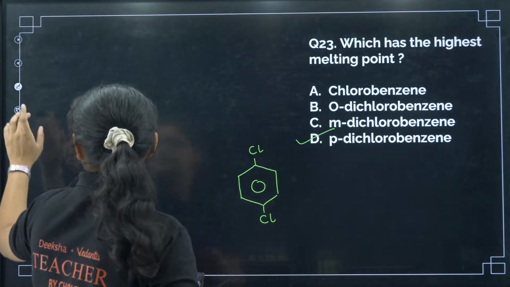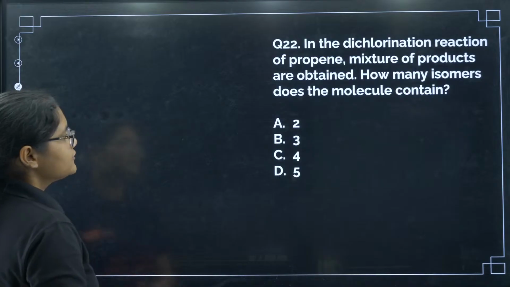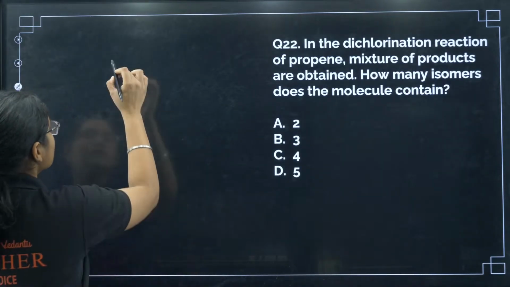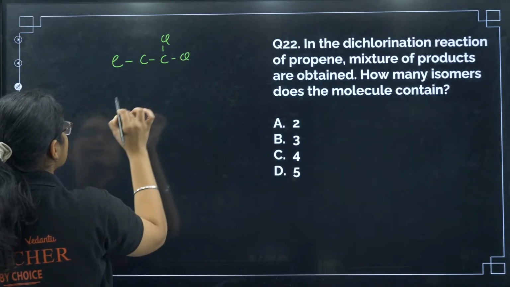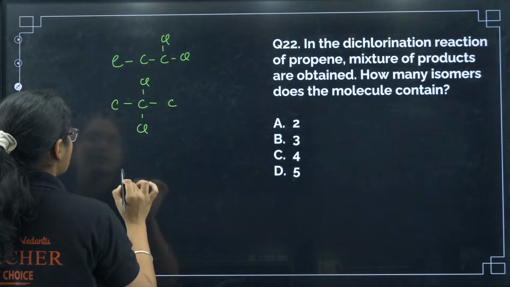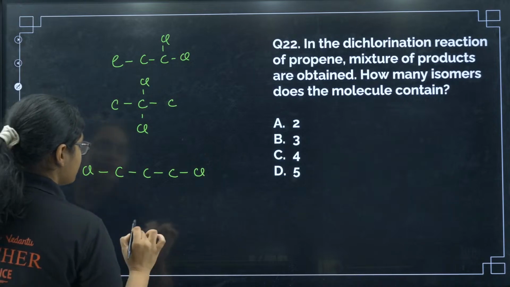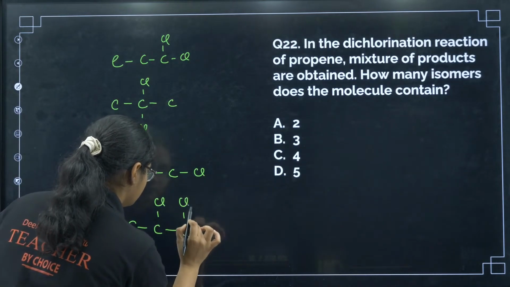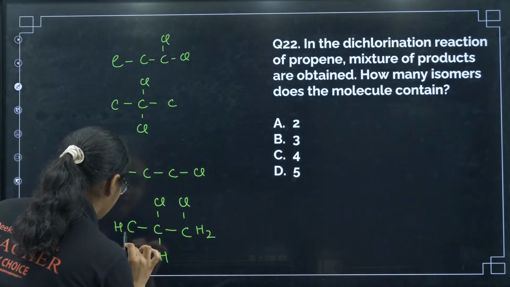Now I will just go back to question number 22. Some students have doubt in this. So you have to find the isomers of dichloropropane. I have one possibility like this, 2 chlorines attached here. I have one possibility like this, 2 chlorines attached here. I have one possibility like this, 2 chlorines attached here. And I have one more possibility where I am attaching 1 chlorine here, 1 chlorine here, and then I have here like this, right?